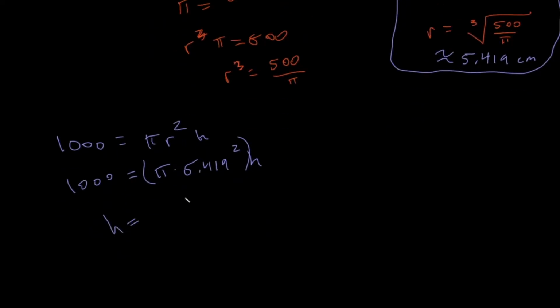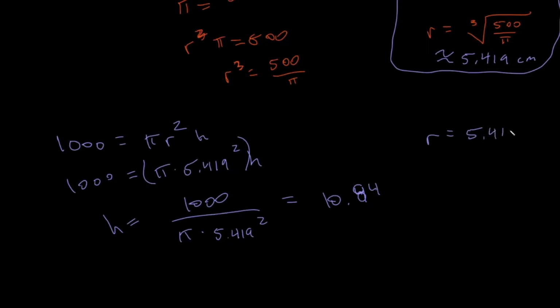So h is 1000 divided by pi times 5.419 squared, and we get 10.84, or so. And so I'll circle R2. So let's just write off to the side. R is approximately 5.419 centimeters, and H is approximately 10.84 centimeters.